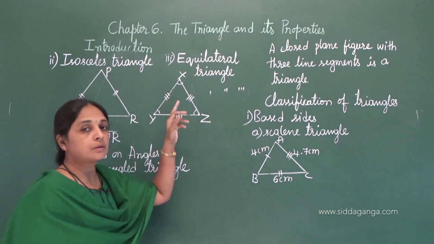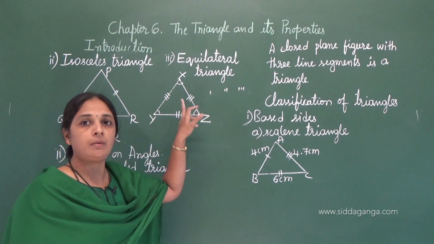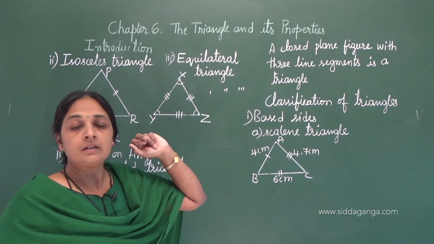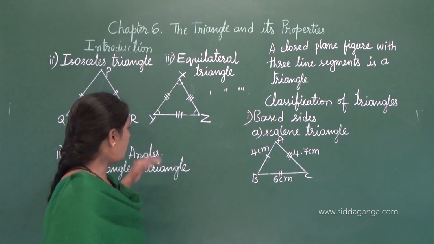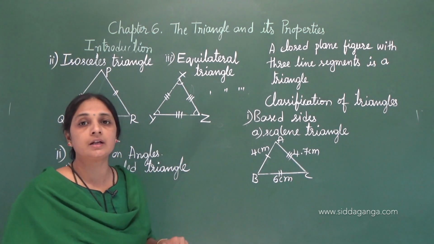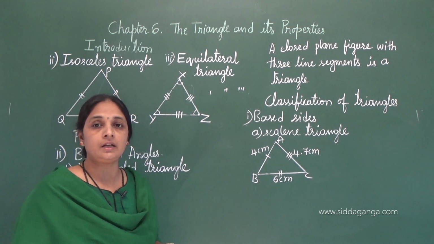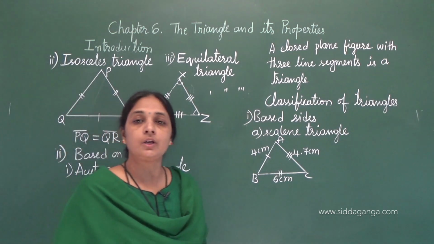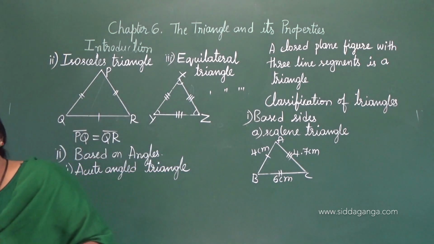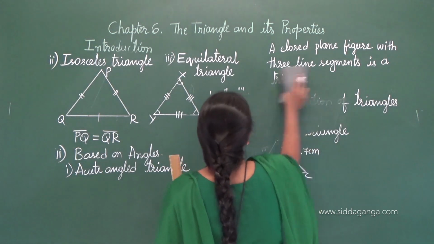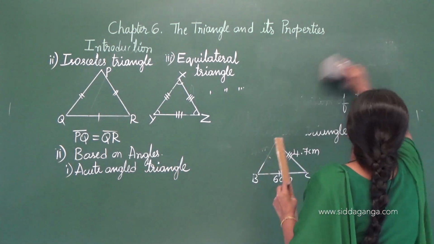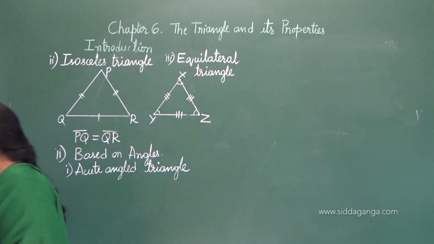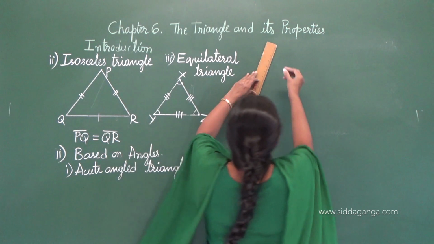When 3 line segments meet at their end points, they make 3 angles, and in a triangle, if all the three angles are less than 90 degrees, if they are acute angles, then it is said to be an acute angle triangle. Okay, so here I write however it may be. So this is the first one.